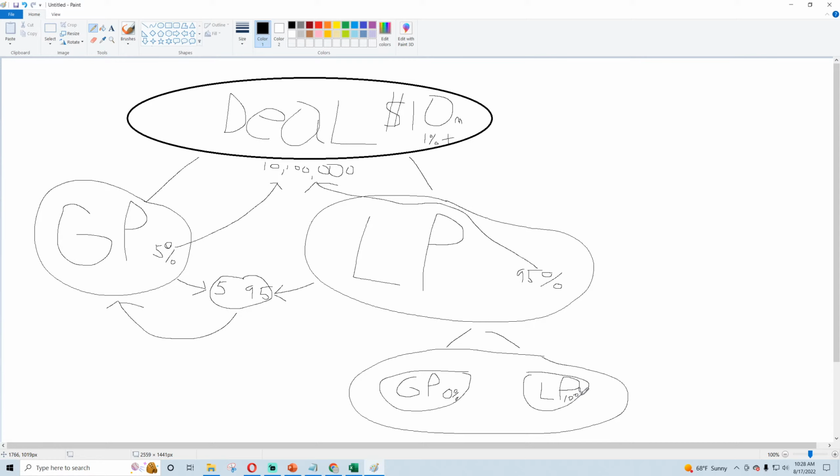Now in this case, this GP will also charge fees on the deal to this LP. Now you can see how this gets a little tricky, but this is like a fund. This GP will have a bunch of these different investors that are investing into their fund.